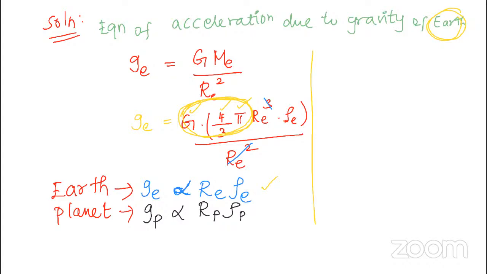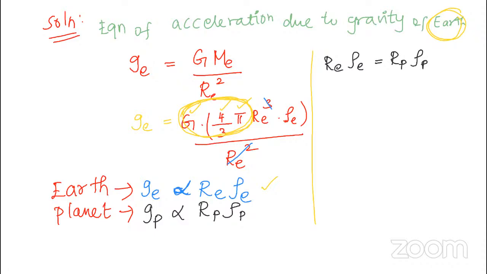In that problem, the second line says the acceleration due to gravity at the surface of the planet is equal to that at the surface of the Earth. So we can equate the two: R_E into rho_E is equal to R_P into rho_P.